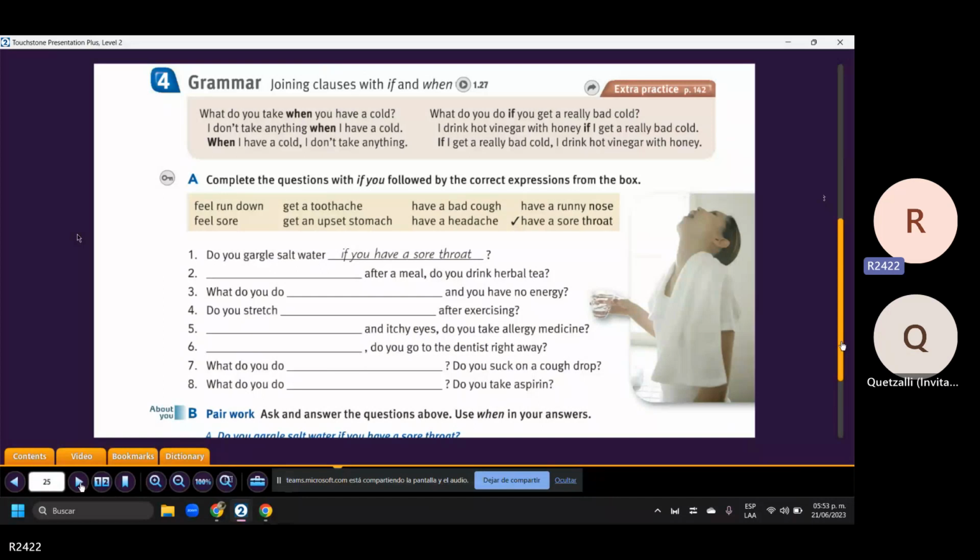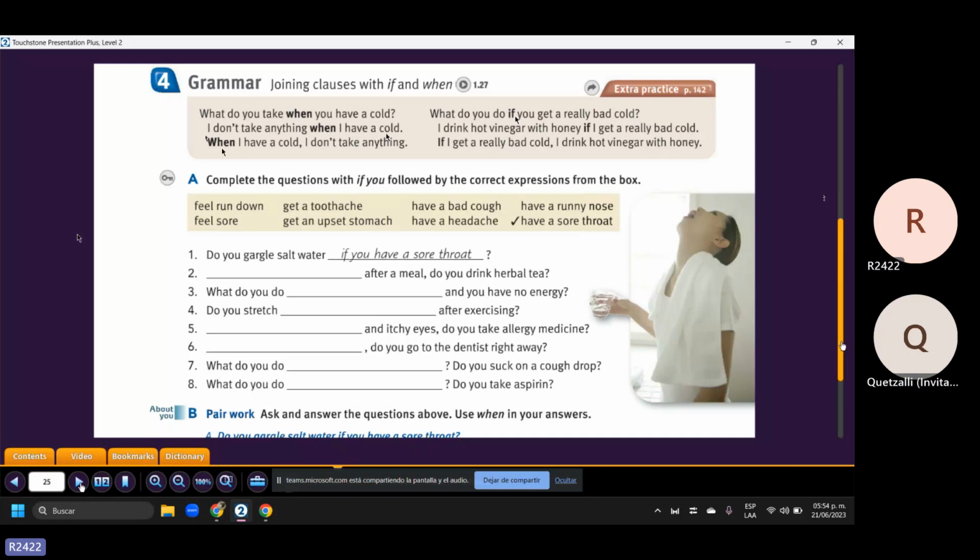So you write first the when or the if, you have a phrase and you have another phrase. So in this case, this clause talks about a consequence.